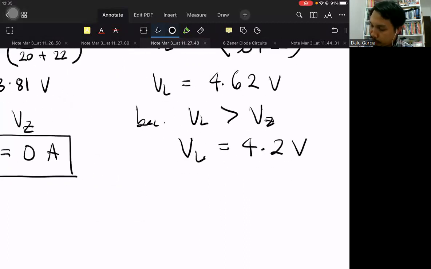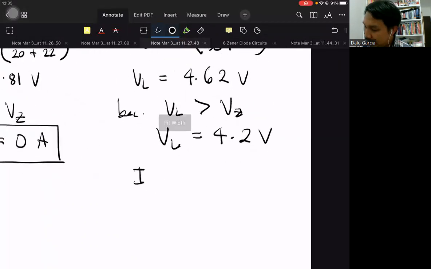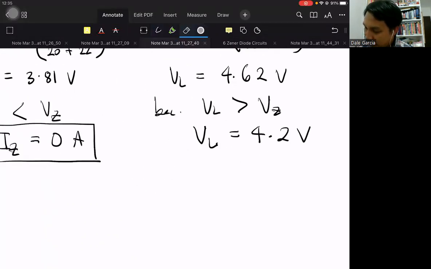So because VL is only 4.2, solve for individual currents. IL and IS.